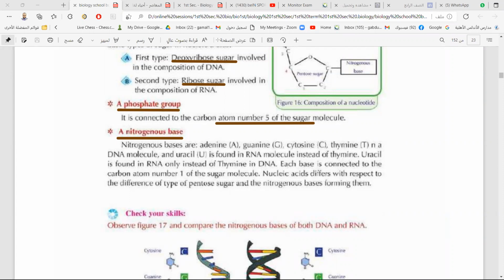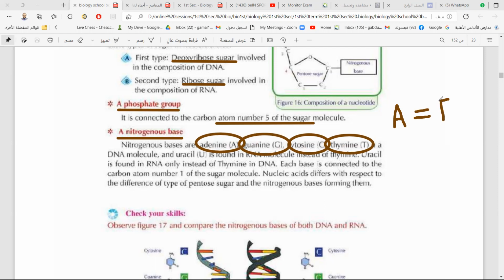In DNA, we have 4 different nitrogenous bases, which are adenine, guanine, G, cytosine, C, and thymine, T. But we have to remember that adenine always bonds with thymine, with a double bond.